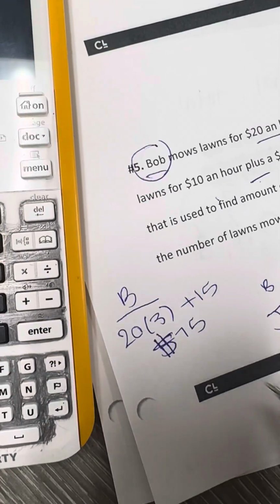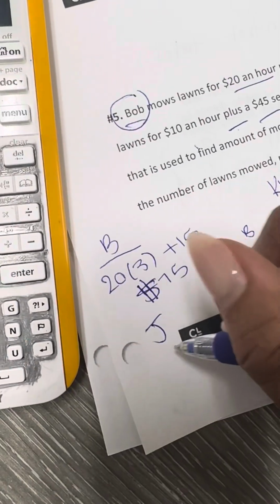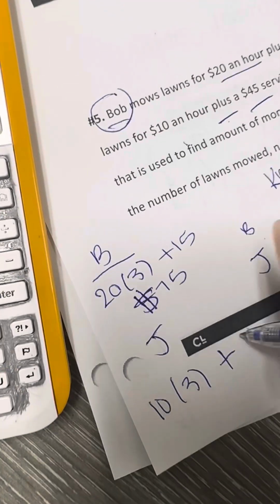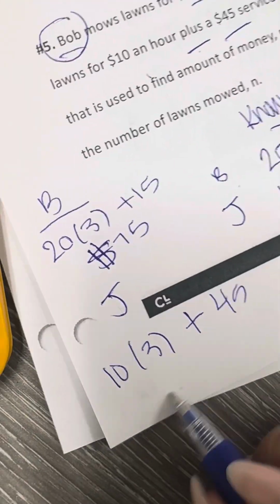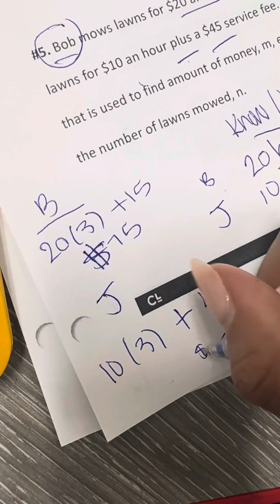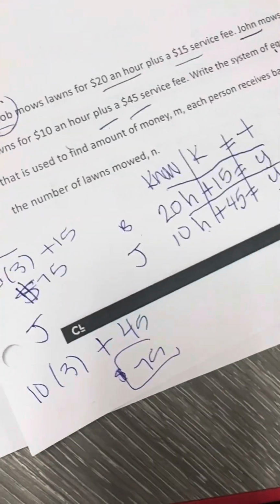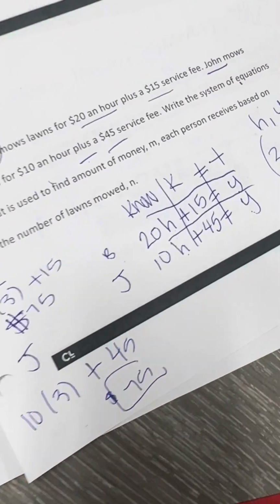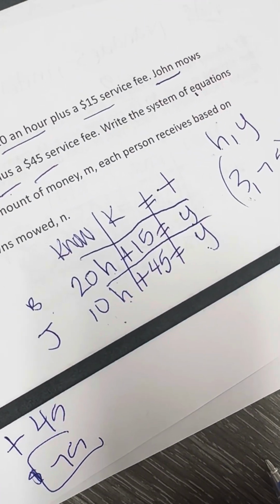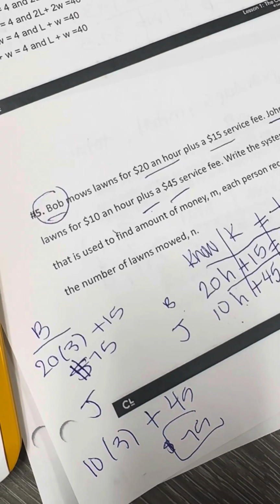What about John? His is $10 an hour for 3 hours, plus his $45 initial fee. That's 30 plus 45, 75. That looks like they are the same price. However, his is cheaper per hour, so John could end up being cheaper.